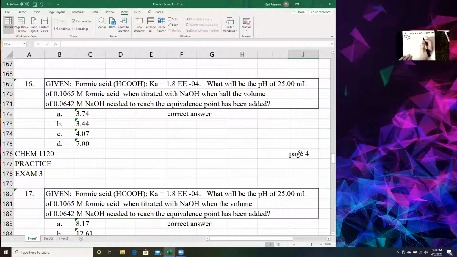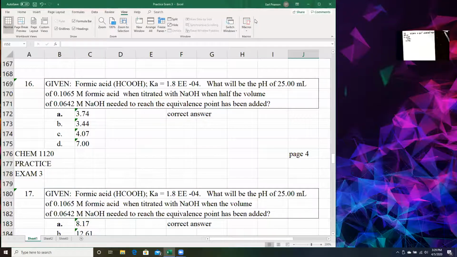Okay, now somewhere back earlier, that equivalence point volume was 41.47. We don't really need to know that, but I want to set it up. We're going to add some base to it, and we're going to use the Henderson-Hasselbalch equation.